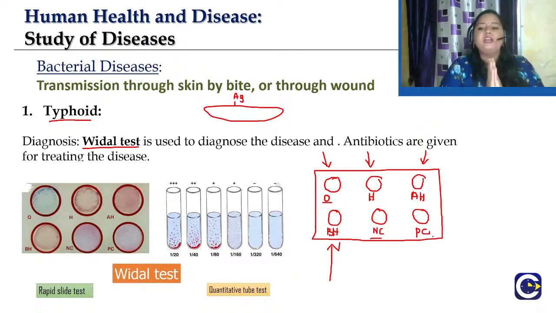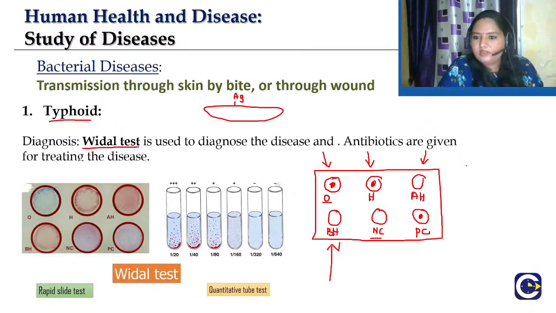For example, if I collect a serum sample from a patient we know is carrying the disease, who is surely suffering from typhoid, and I mix it with the antigen here, I will get positive results in all three, like this.